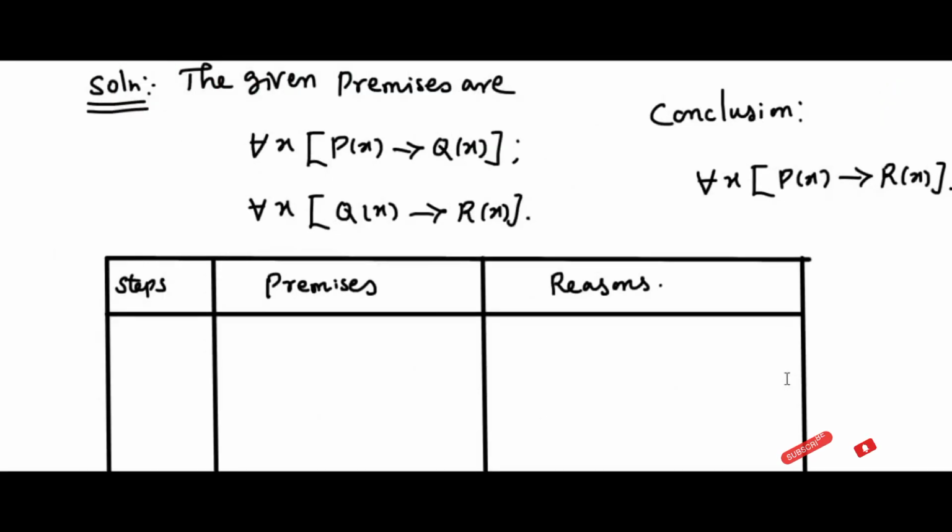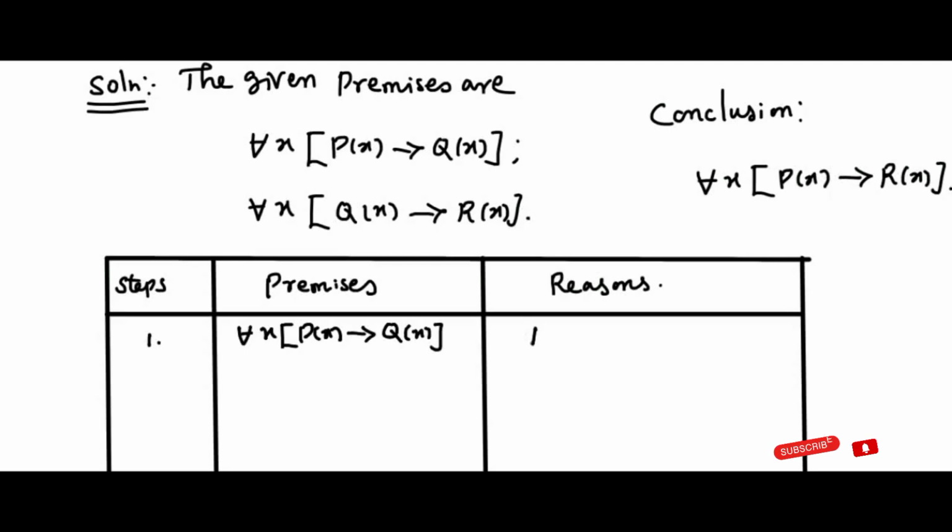So we consider three columns: one is steps, another is premises, another is reason. First step, I am going to consider the first premise: for all x, p of x then q of x.